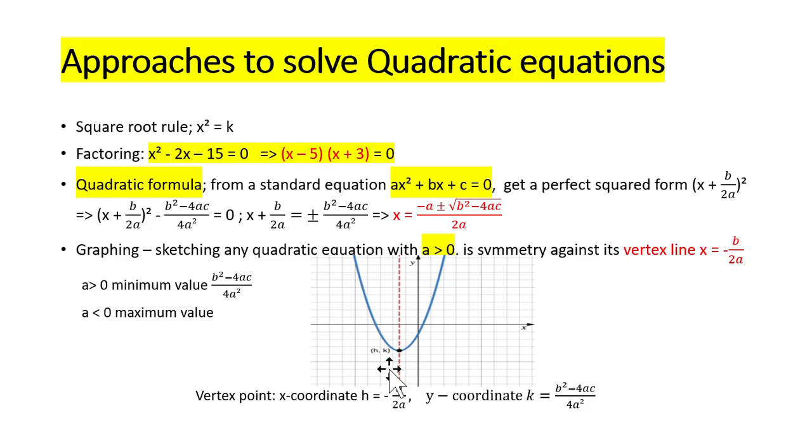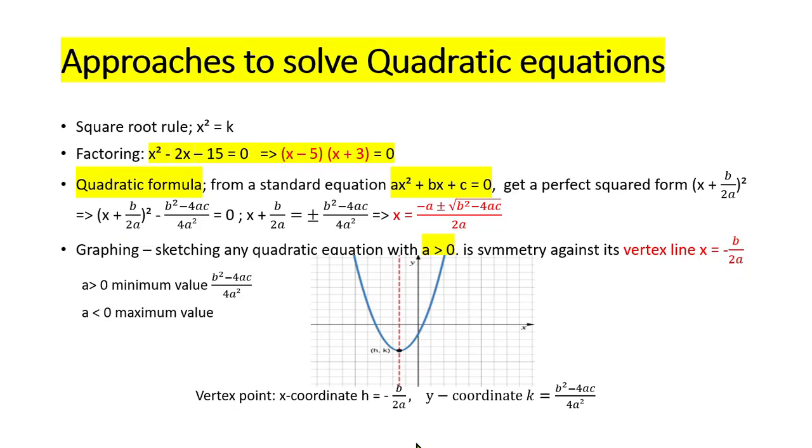I want to look at the vertex point here. This point is h equals minus b over 2a. Vertex line x equals minus b over 2a, because here in this square form, x equals minus b over 2a makes this term equal 0.